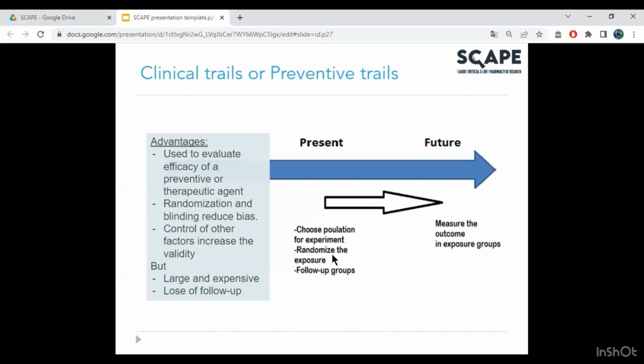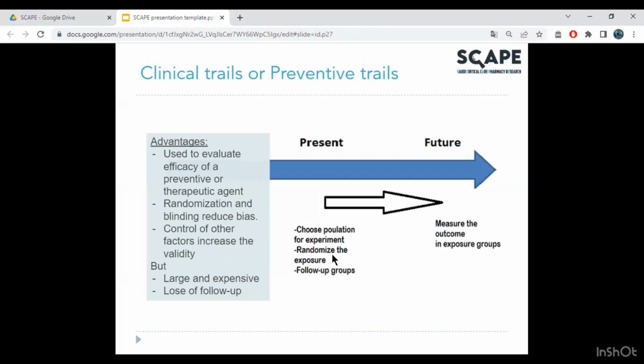Blinding is also important. Single blinding means that the participant does not know which medication or which arm he is in. Arm means group. So if the participant does not know, he will act normally.